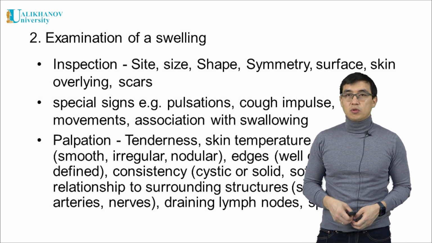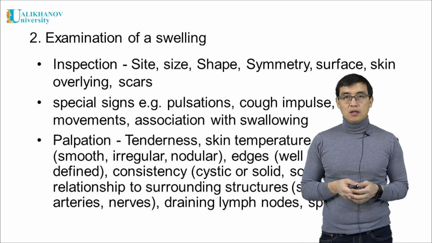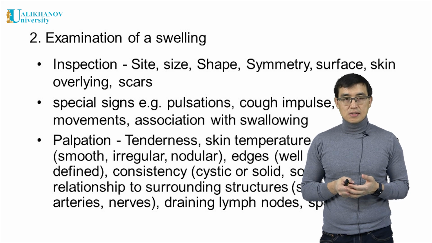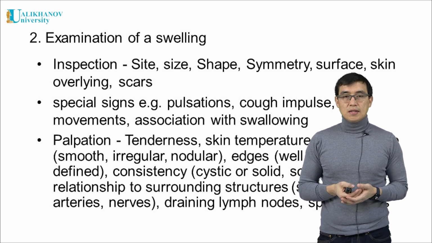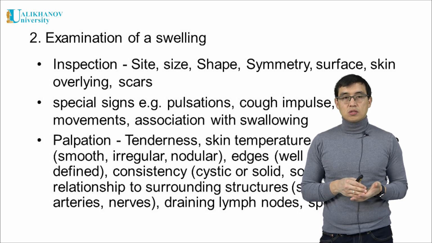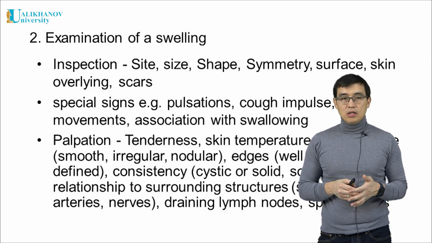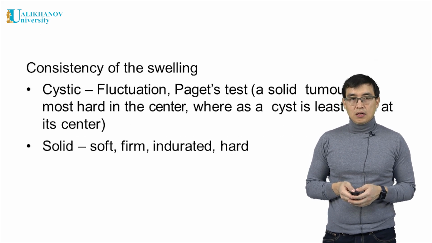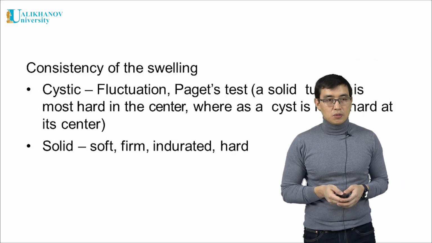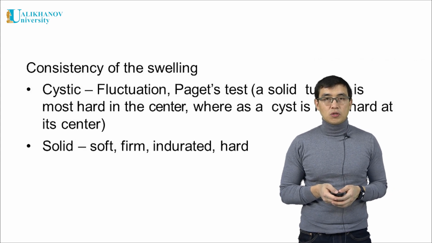Also we use palpation, we can sense tenderness, skin temperature, size, surface, whether it is smooth, irregular, nodular, edges, consistency, and so on. Consistency of swelling can be cystic, with fluctuation.